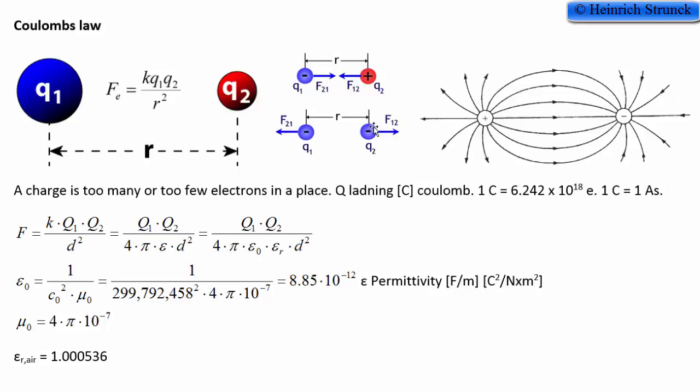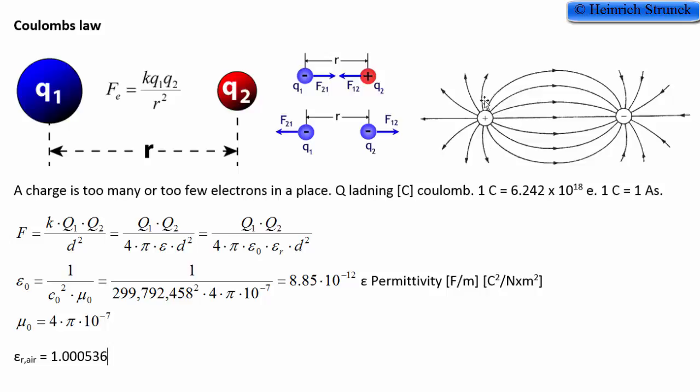So if both are negative, or both are positive, they will repel. And it is because between the positive charge here and the negative charge, we have some electric force lines. They work together in this situation, so they will attract each other.